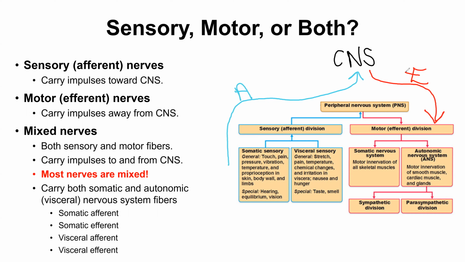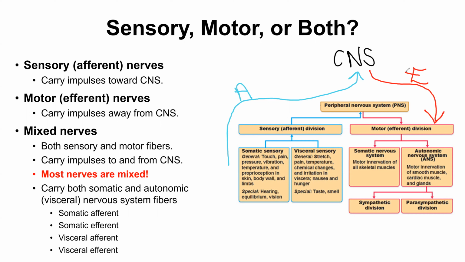And additionally, mixed nerves also carry both somatic and autonomic fibers. So not only are they carrying fibers that are full of sensory information and then sending out motor information, they also have specific fibers that are designated to skeletal muscle sensory and skeletal muscle motor, or like skin sensory and skin motor, and also like this visceral sensory.